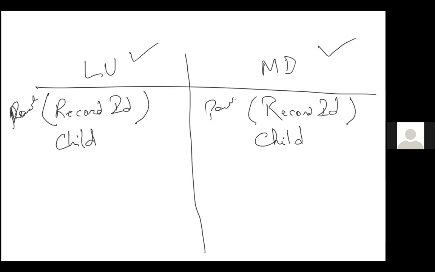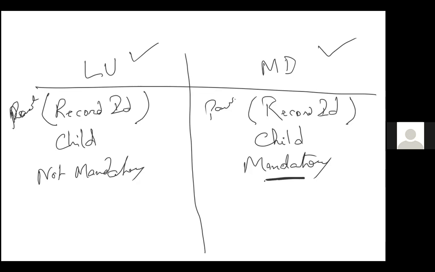Third is, lookup is not mandatory. Master detail is mandatory. The reason why Salesforce is not allowing you to create the master detail now, you saw that error, is because it violates this, because in existing records, that will become blank, right? There are 4 application records already.